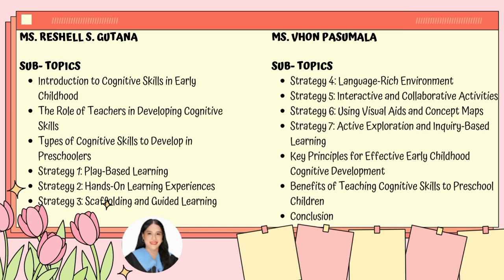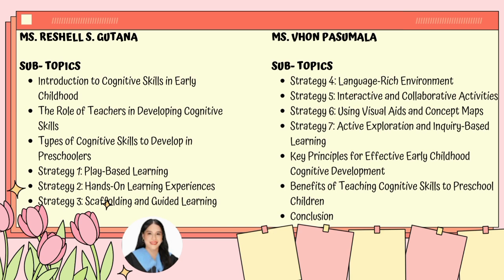And now I would like you to meet my partner in teaching, Teacher Von Pasumala. She will now discuss the following slides. Strategy 4, language-rich environment. Strategy 5, interactive and collaborative activities. Strategy 6, using visual aids and concept maps.